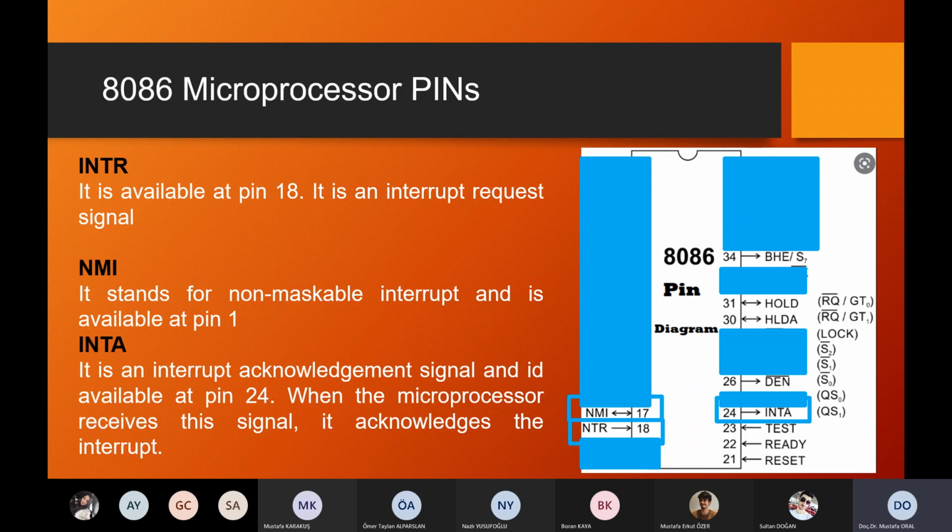So what you do, you use non-maskable interrupts for the routines that are crucial. But if the operation is not so crucial, then in this case you can use the interrupt input for interrupting the usual flow.